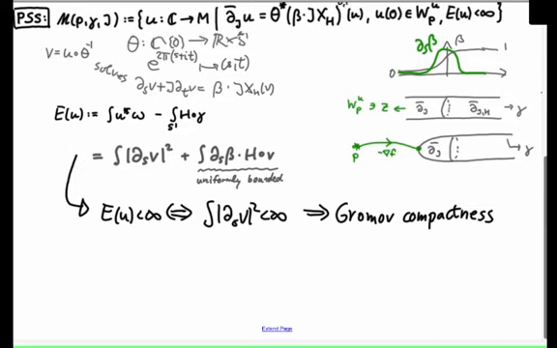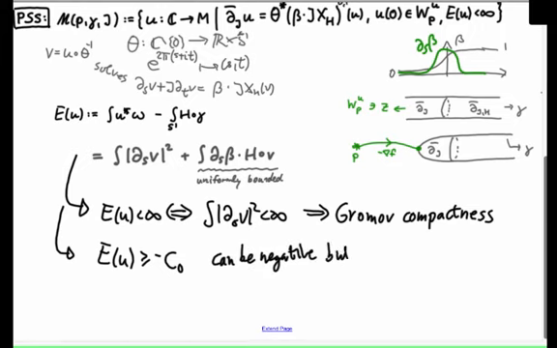That's the good news. The bad news is this thing here is not necessarily positive. So I could have my energy negative, but it's at most some fixed constant, right, again, that I get from this. But C0 is fixed once and for all.